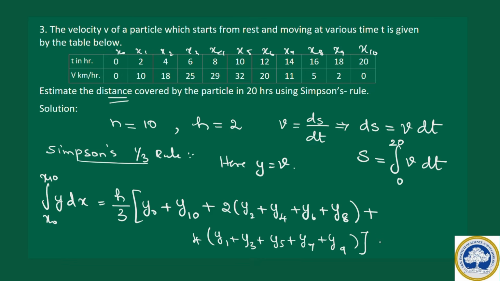So now directly we can substitute the values here. h is equal to 2, so 2 by 3 into the respective values.